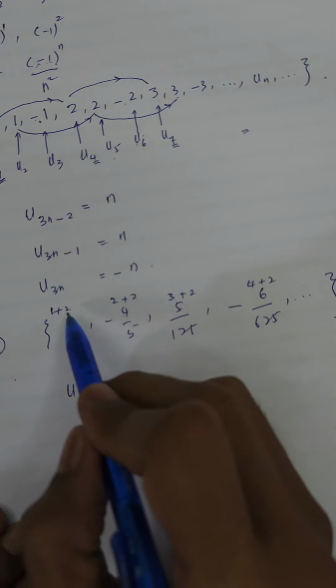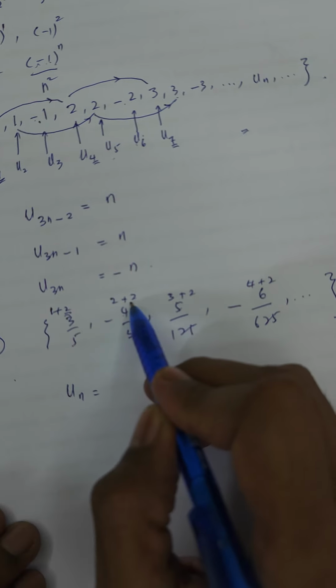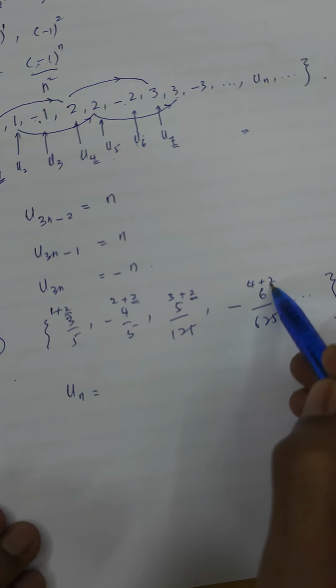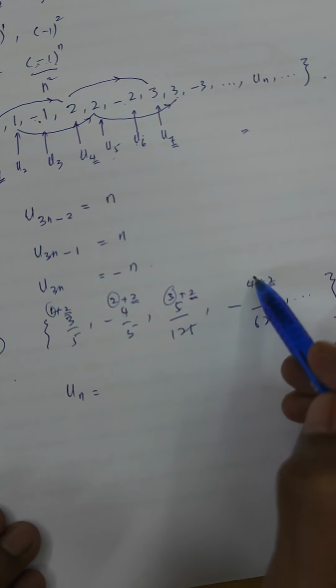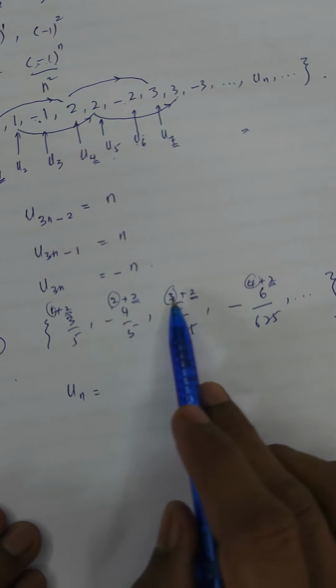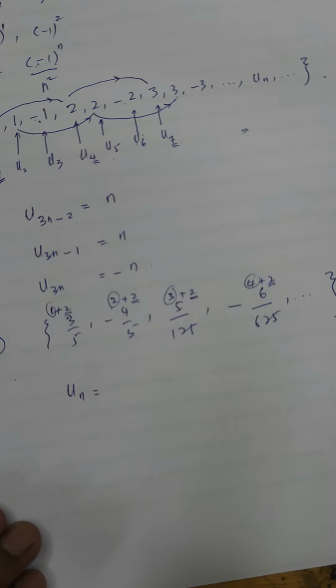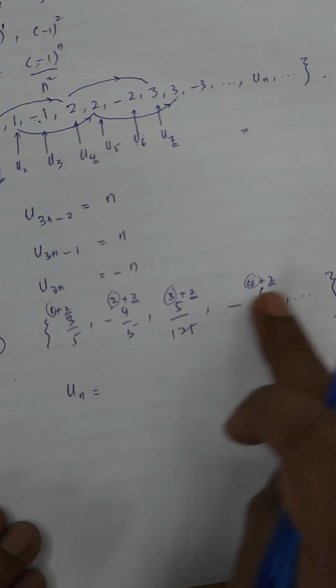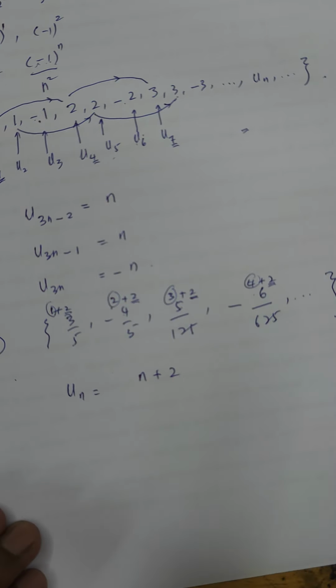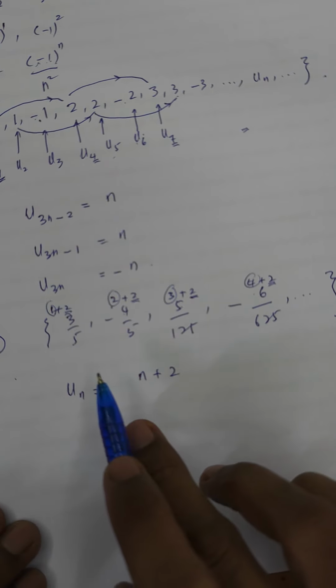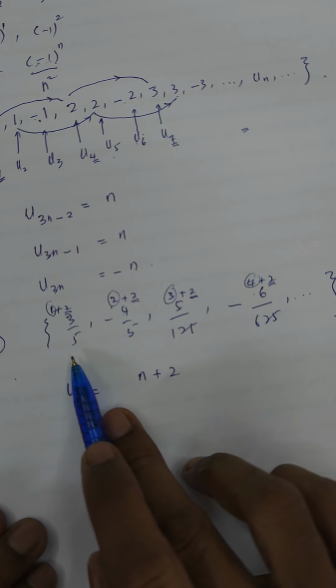So this part here, you just add the same number, 2. The change is here, 1, 2, 3, 4, so that means n. So the numerator is just n plus 2. What about the denominator here?